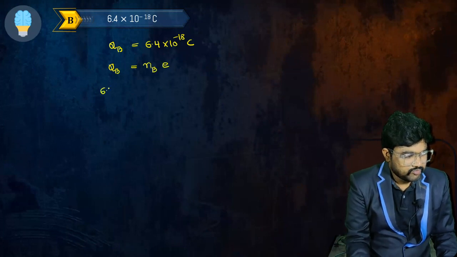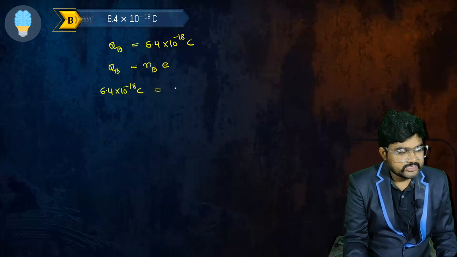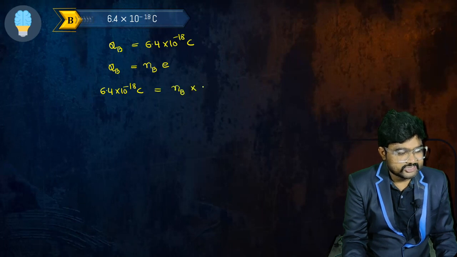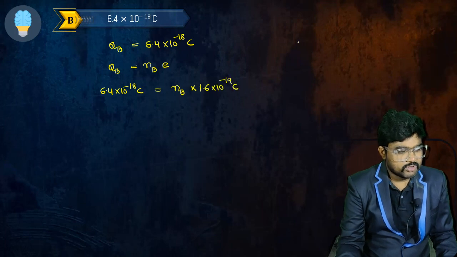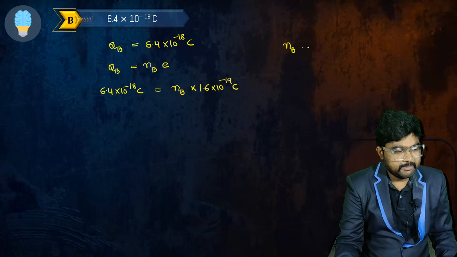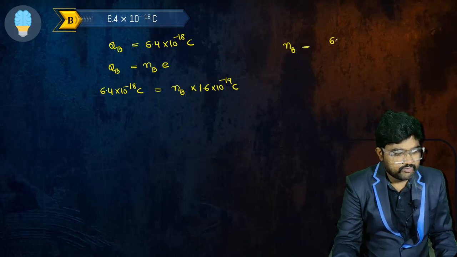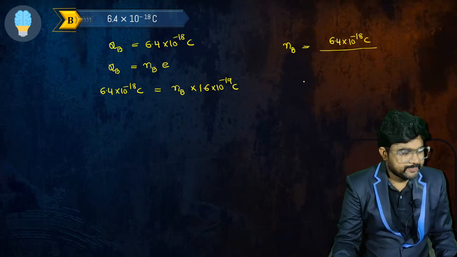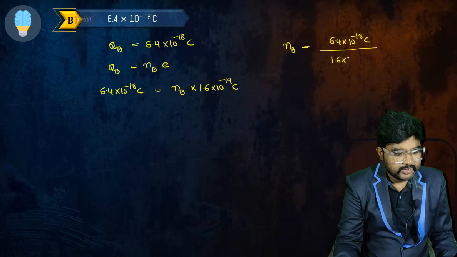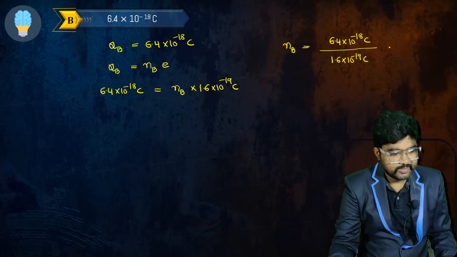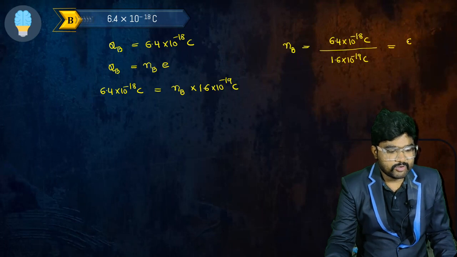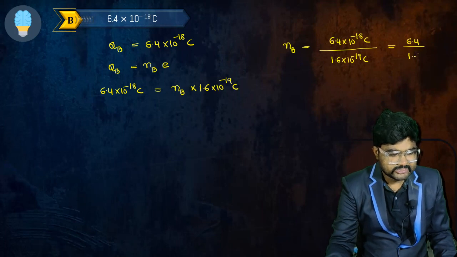What is the charge on the electron? 1.6 into 10 to the power of minus 19 coulomb. So how to determine the number of electrons? N_B equals 6.4 into 10 to the power of minus 18 coulomb by 1.6 into 10 to the power of minus 19 coulomb, which equals 6.4 by 1.6 into 1 by 10 to the power minus 1.